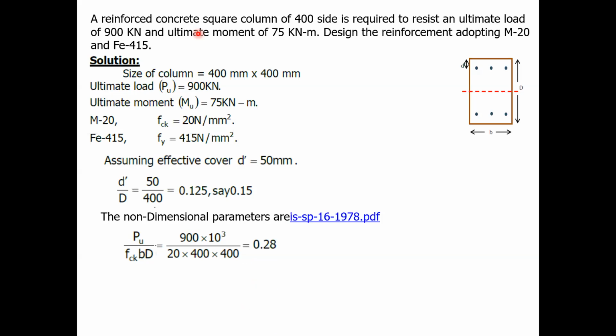Okay, it is 0.28. Similarly, calculate Mu by fck b d square. These two formulas are available in the code book. I'll show.